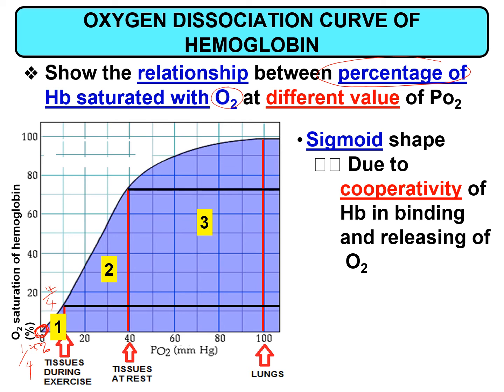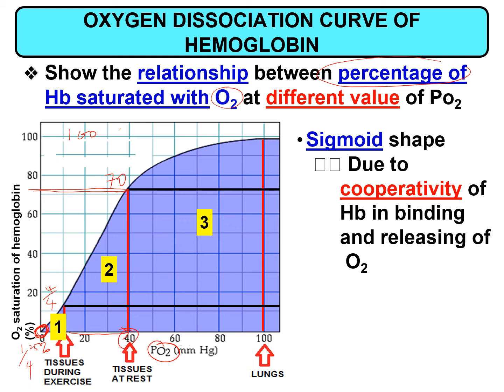So as the partial pressure of oxygen increases, it shows an increase in the number of hemoglobin that is saturated with oxygen. If we have 100 hemoglobin, it might be 70% here at partial pressure of oxygen 40 mmHg.